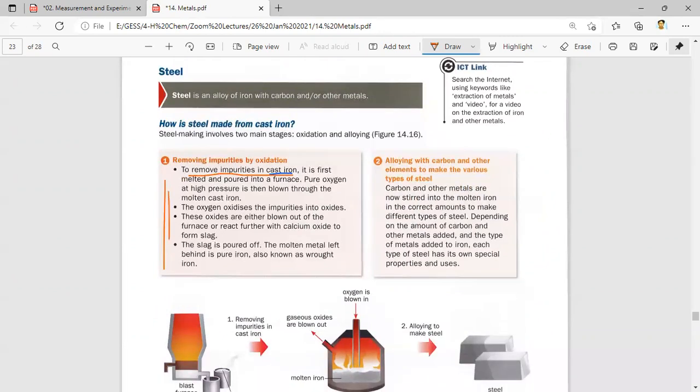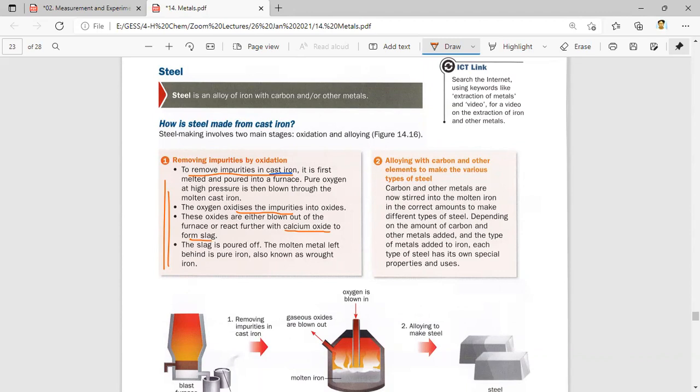Do take note of the steps: they run oxygen through it to oxidize the impurities. Then they react further with the silicon oxide to form slag. As the reaction goes on and they blow more oxygen, the iron becomes more refined and purer. More slag is formed.